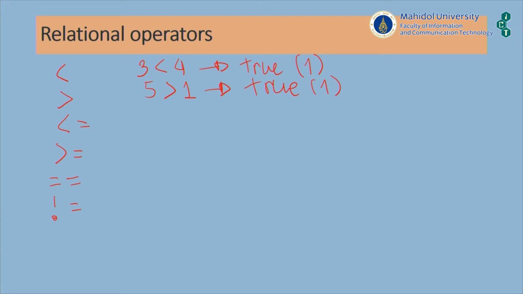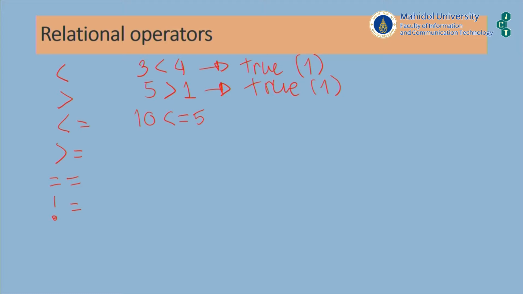How about 10 less than or equal to, sorry, let me draw it better. So this is the less than sign, so it needs to be 10 less than or equal to 5.